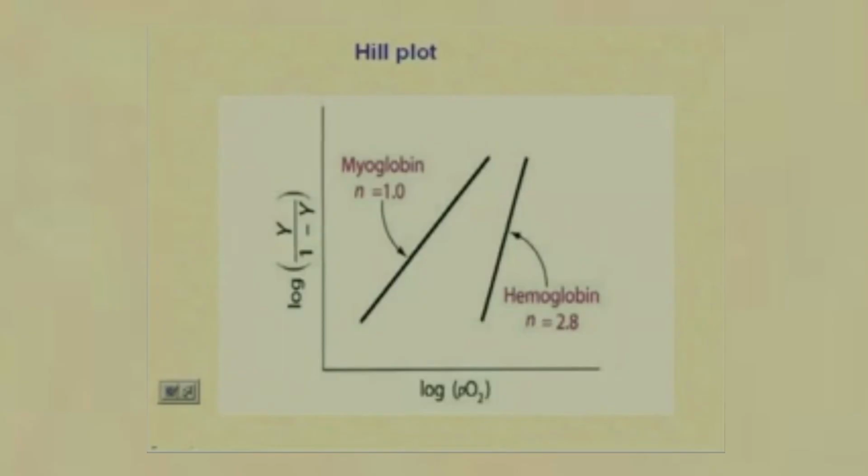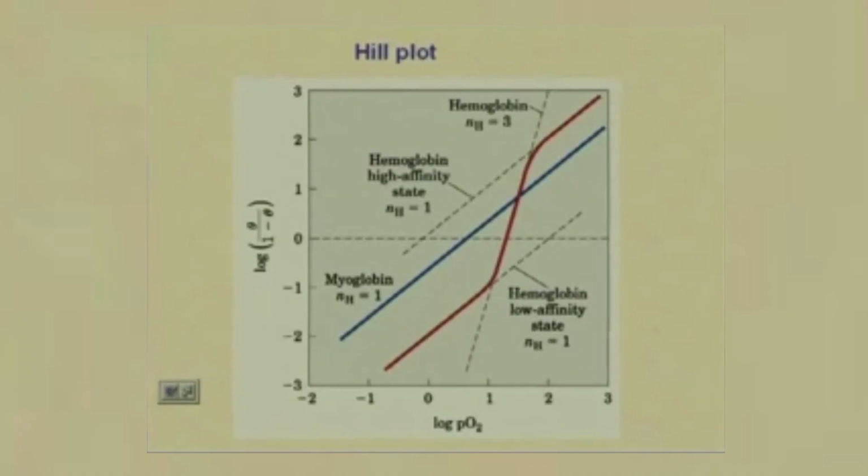So, actually, this is a mixture of two curves, a weak binding curve and a strong binding curve. Okay? That is what we have on the next slide. Okay. Try and understand this. What we are looking at is a Hill plot. What do we have on the y-axis? Log Y by 1 minus Y versus log PO2, which is basically log S.